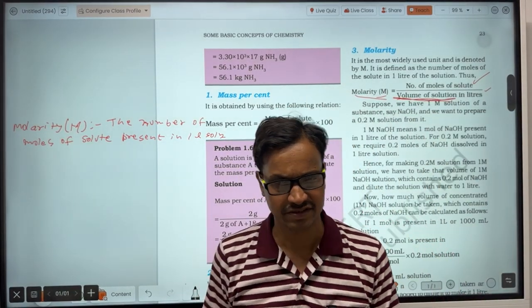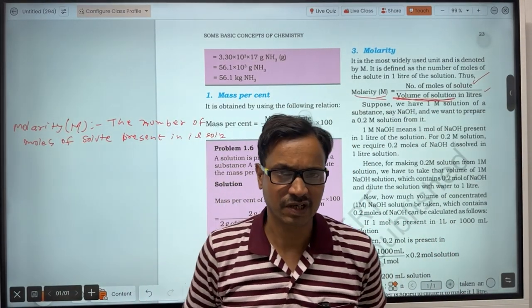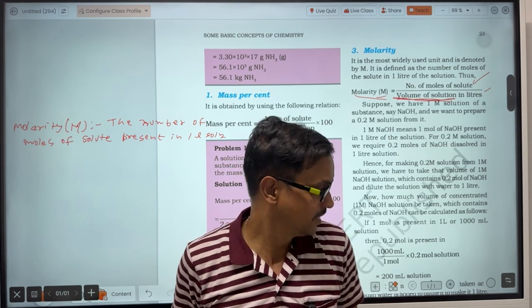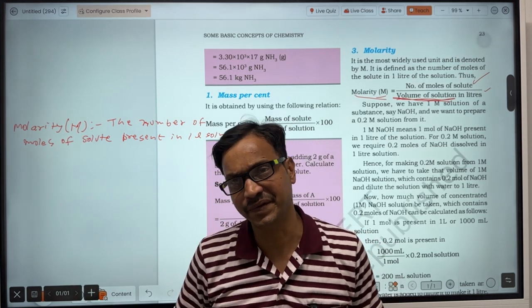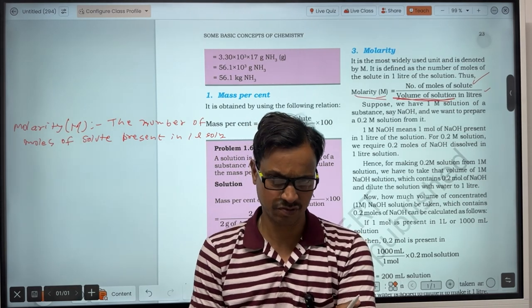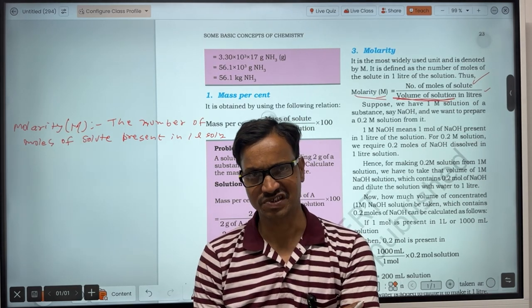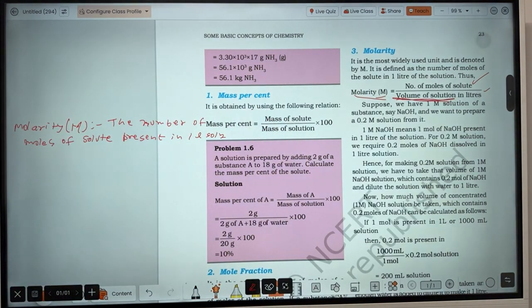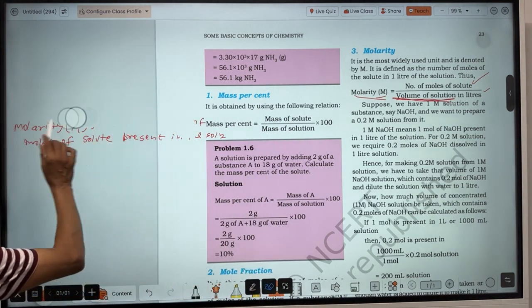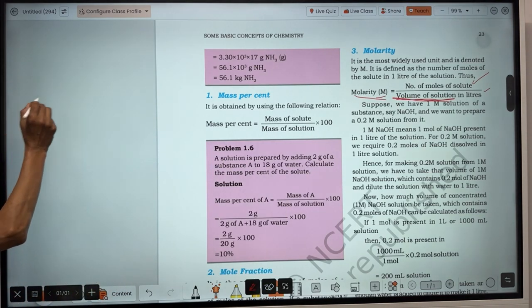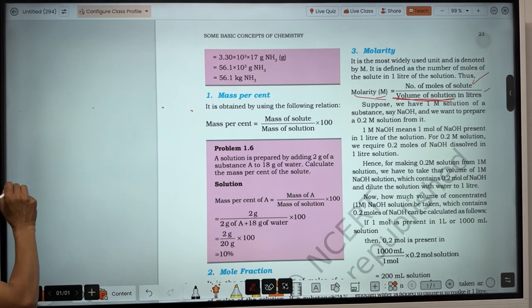When a solid dissolves in a liquid, the total volume of the solution remains unchanged. How? Suppose there is liquid water. In a liquid, the distance between the particles is larger, as you already know. Suppose this is the water particle.